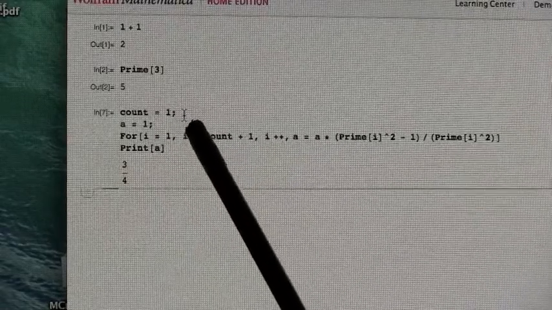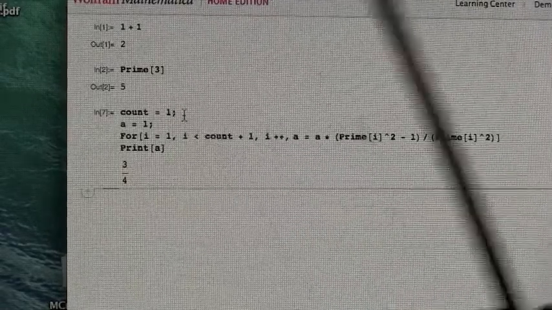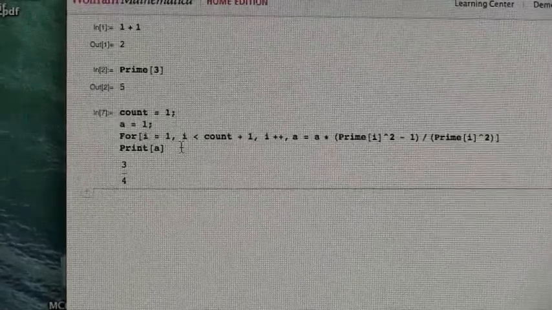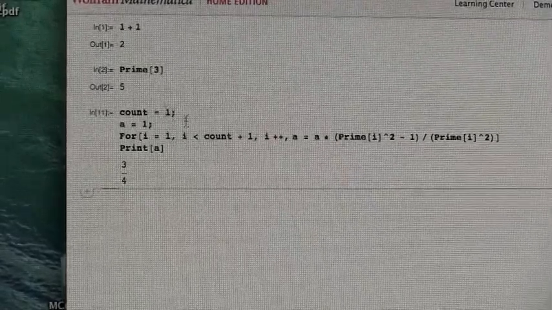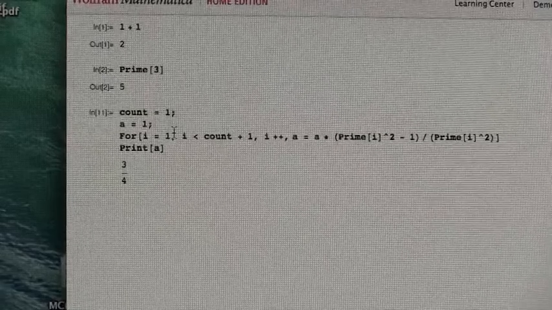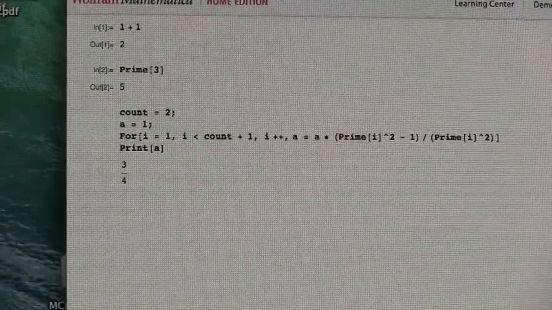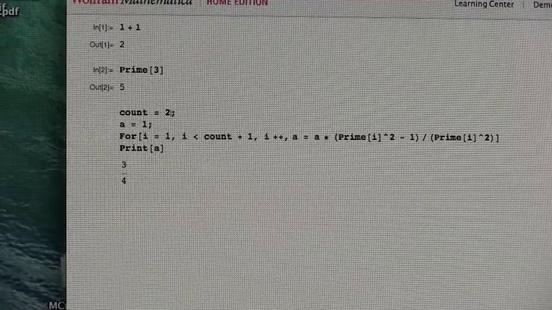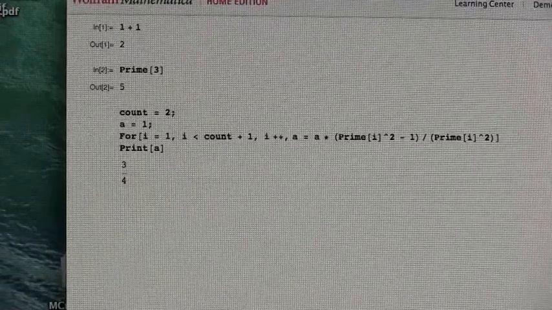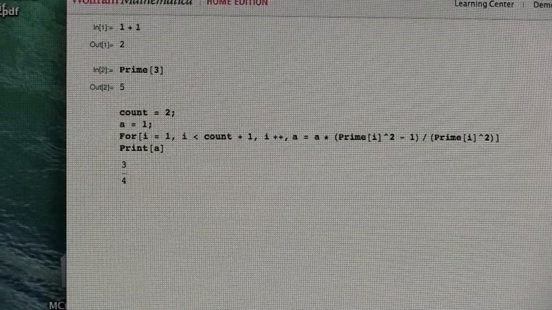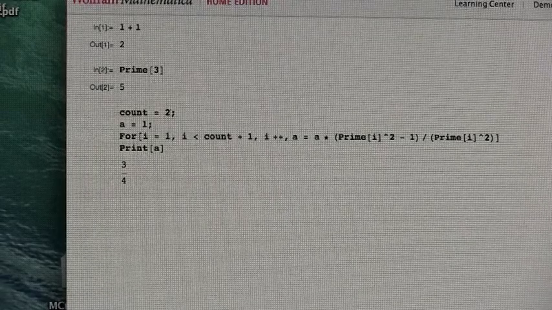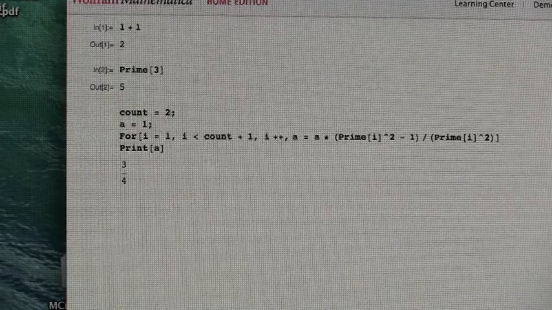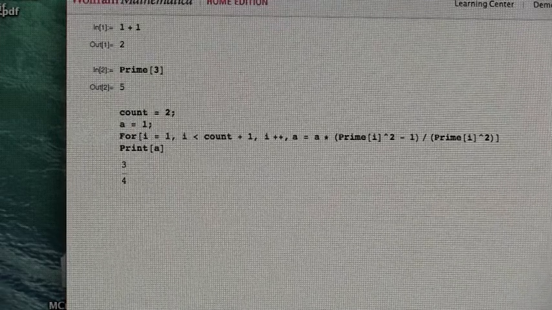And so when I only look at one product, what should I get as the answer? Just 3/4. And that's in fact exactly what we get. Now when I look at two products, what two numbers are being multiplied together? 3/4 and 8/9. And so what should that number be?